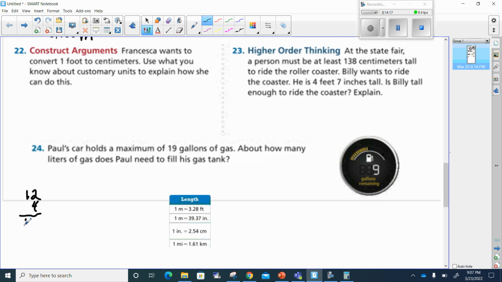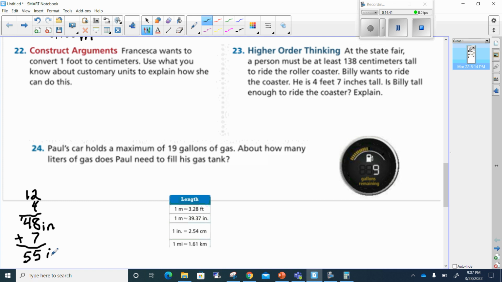And that's going to be 48 inches. I'm going to add that to the 7 inches. And that tells me how many inches tall Billy is. And that's 55 inches. 8 plus 7 is 15, carry the 1, that's a 5.